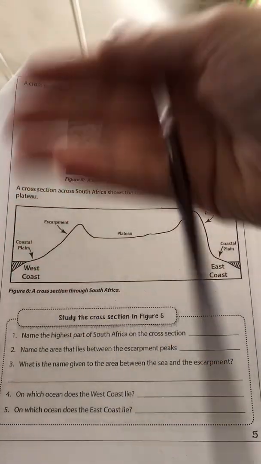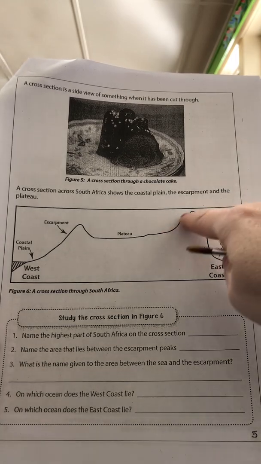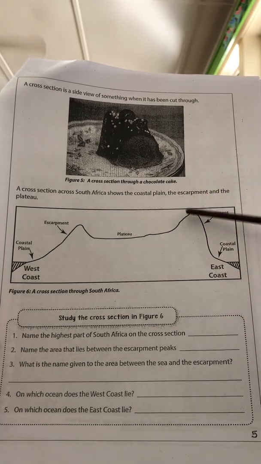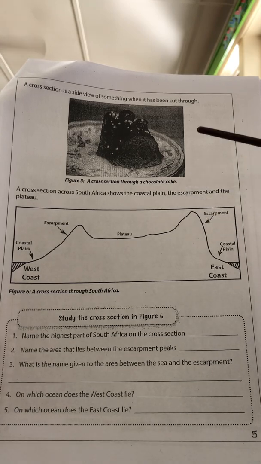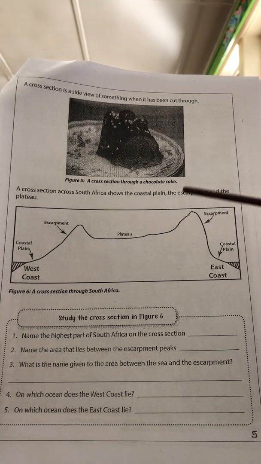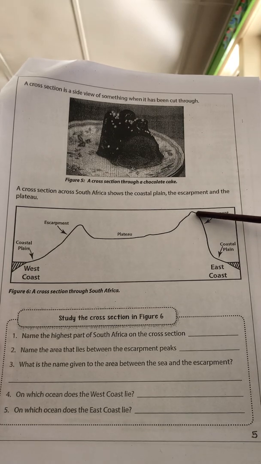On the right side, the edge of this escarpment is called Ukahlamba-Drakensberg, and it is the highest peak. The land is at a height of between 2,500 and 3,000 meters above sea level.